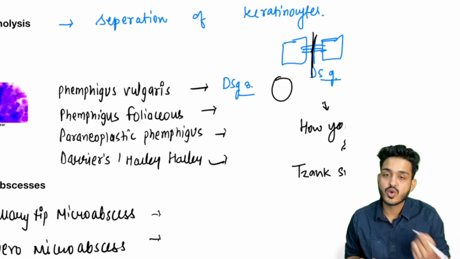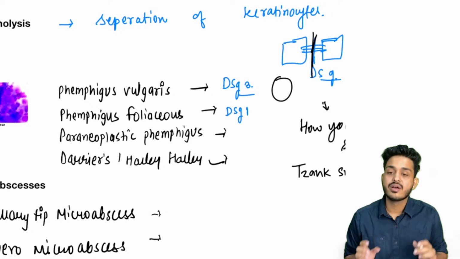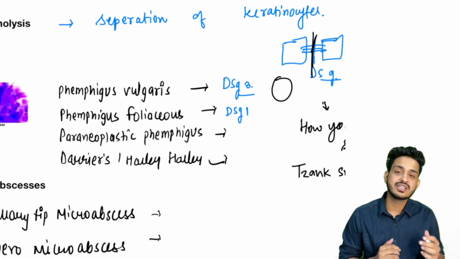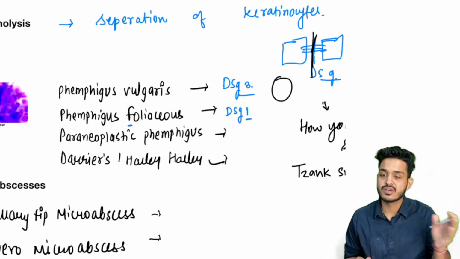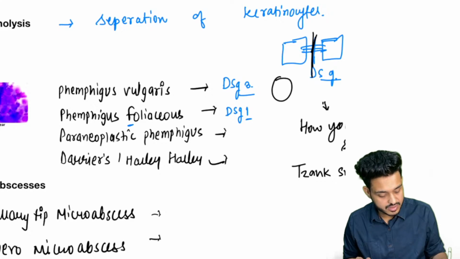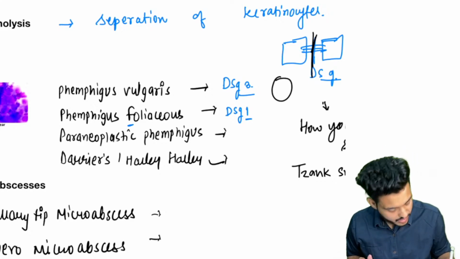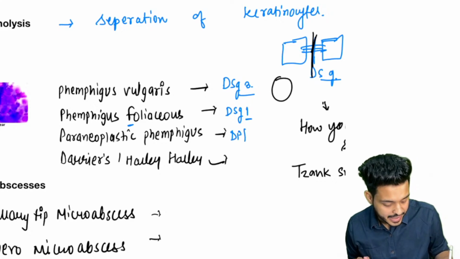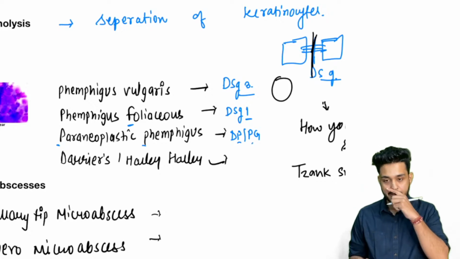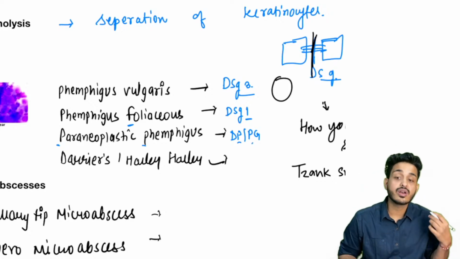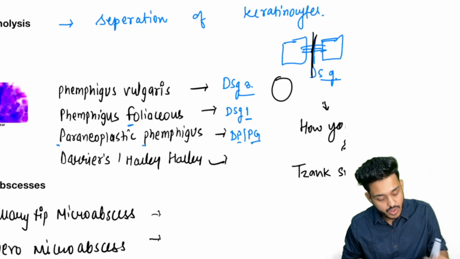In pemphigus foliaceus there will be damage in desmoglein 1. वल्गेरिस में 3 होगा और फोलिशियस में फर्स्ट होगा. F for first, that is your desmoglein 1. Paraneoplastic में क्या होगा? There will be damage in the desmoplakin and plakoglobin. You can remember P, याद कर लो. So that would be desmoglein and that would be desmoplakin or plakoglobin.